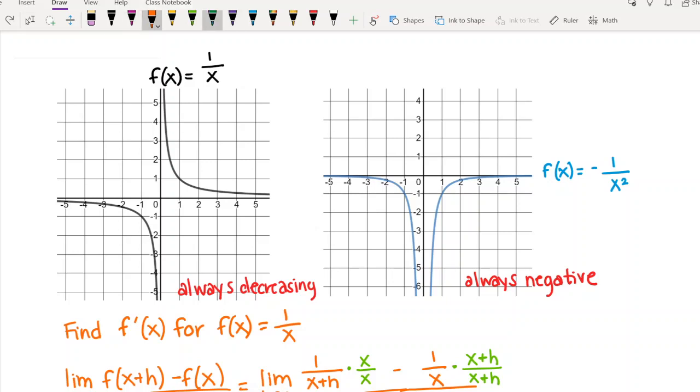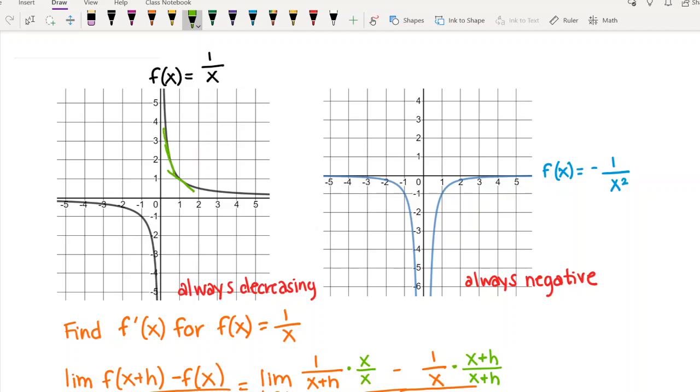As the graph gets closer to x is equal to 0, if you look at the slopes of the tangent lines as you're going this way, they're negative, but they're becoming steeper and steeper negative. For example, the slope of the tangent line here would be -1. And then if you go here, it's going to be something steeper.